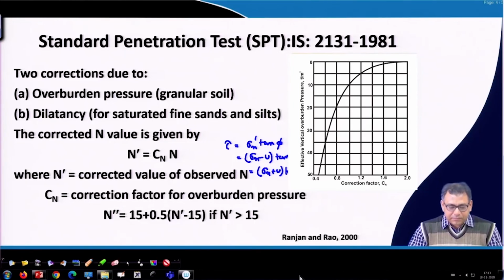So, this is as per IS code, and then as per ASTM, the American standard also, they have recommended a few more corrections. That I will discuss in the next class. Thank you.